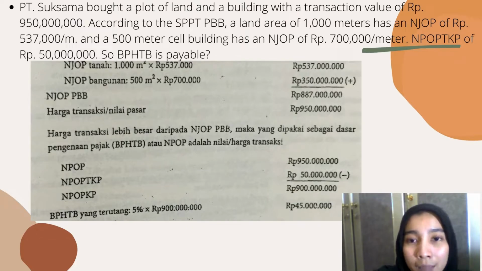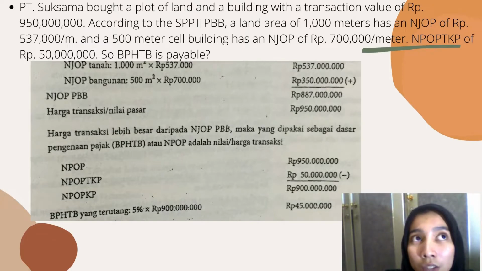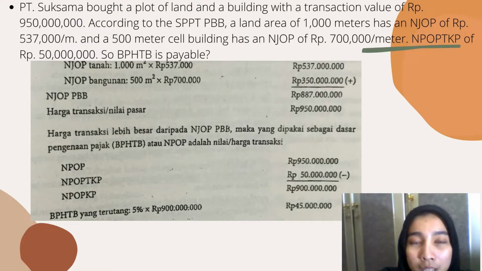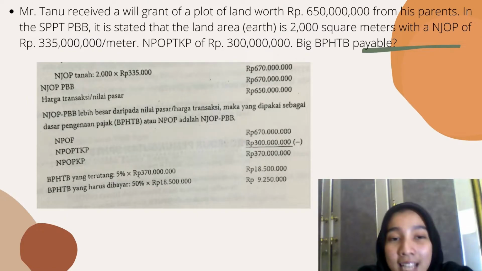After we get the tax object and sales values, we must determine the transaction value. If the transaction value is higher than the tax object and sales value, then we use the transaction value. Okay, next example.